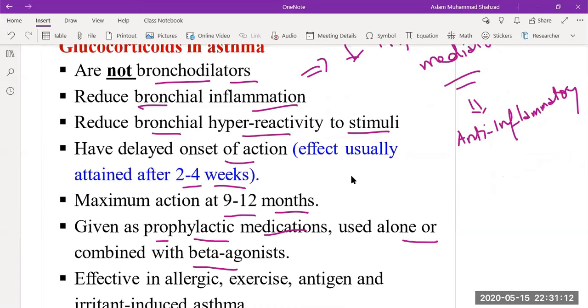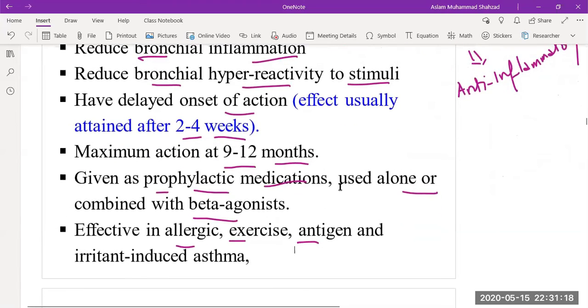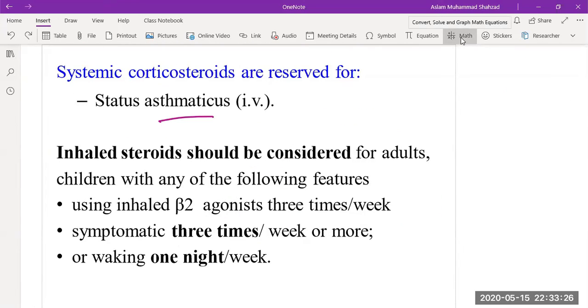It is effective in allergic, exercise, and antigen or irritant induced asthma. Systemic corticosteroids are reserved for status asthmaticus, and could be considered in adults or children having three features. Number one, if someone is using an inhaled beta 2 agonist 3 times a week, as we discussed before, that corticosteroids can be given with a beta 2 agonist in chronic asthma.